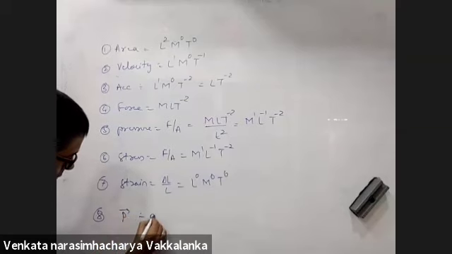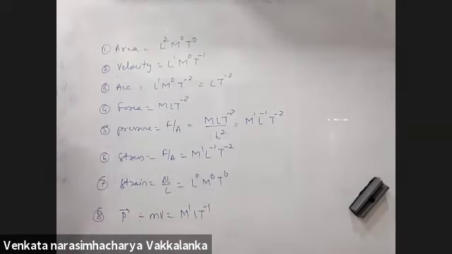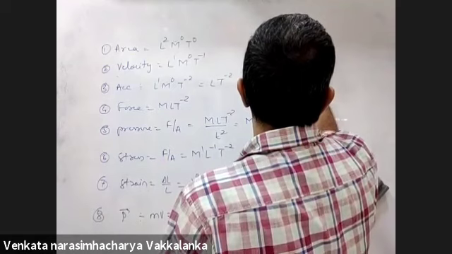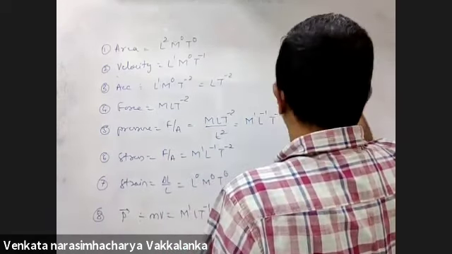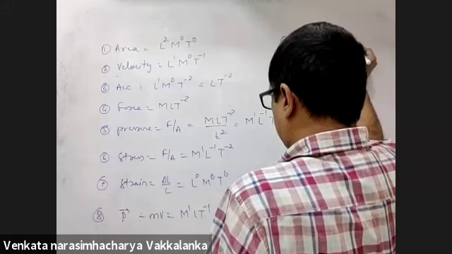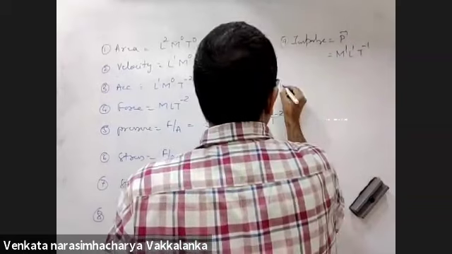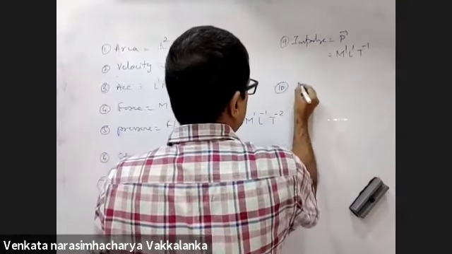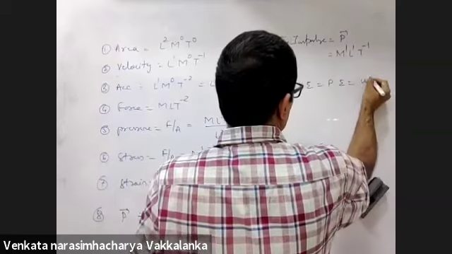Momentum, mass into velocity, M to the power 1, L T to the power minus 1. Impulse is nothing but momentum, M to the power 1, L to the power 1, T to the power minus 1. Right? I'm running short of space. I would prefer the 10th one to be kinetic energy, potential energy, work done.